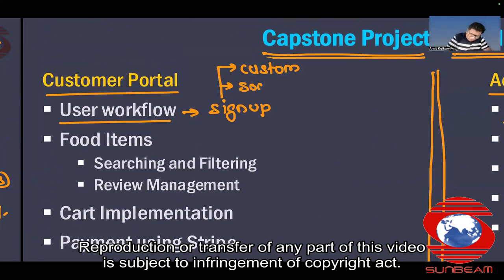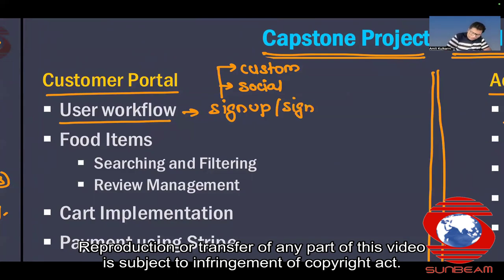Plus, we'll also go for social sign up. Social sign up means login with Google, or login with something like Apple or login with GitHub. We'll see a few of the options available for the sign up feature, of course.